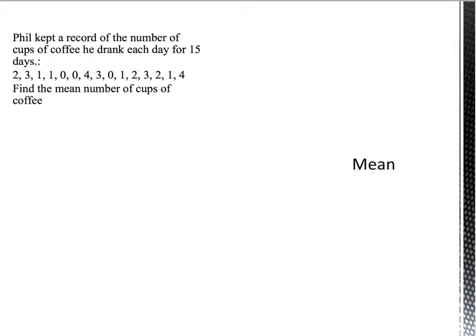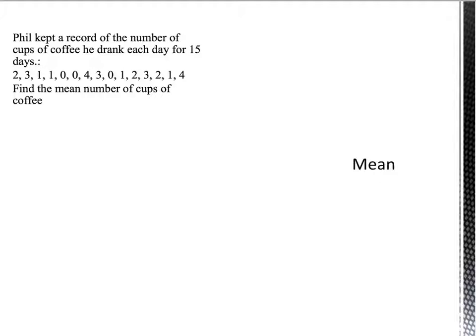So here's our example. Phil kept a record of the number of cups of coffee he drank each day for 15 days. So you drank 2, 3, 1, 1, 0, 0, 4, 3, 0, 1, 2, 3, 2, 1, 4. We want to find the mean number of cups of coffee. So first, let's think about that crazy formula we just saw.